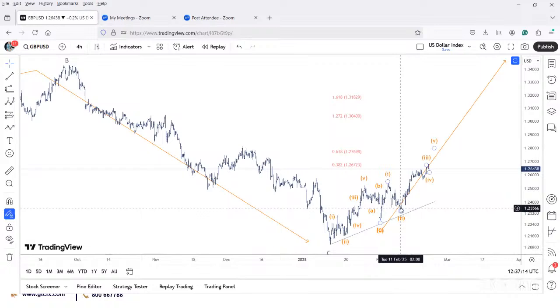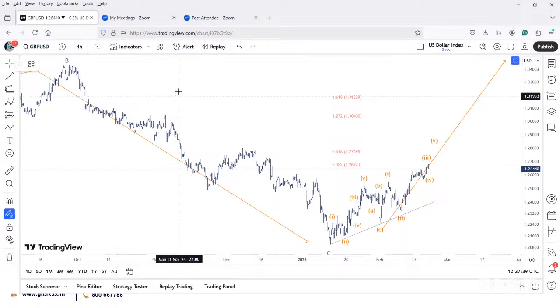I'm not saying that the price will come back, but if you're inclined towards any position building in the pound, then partial now and remaining around 2450 is definitely on cards. All right.